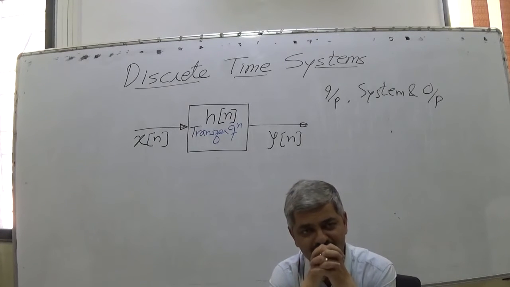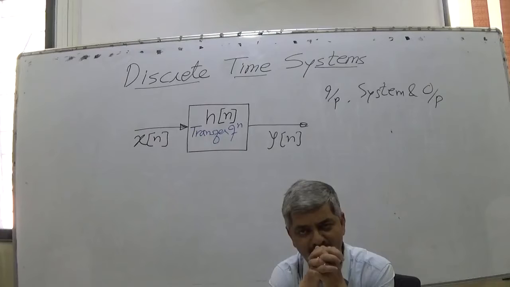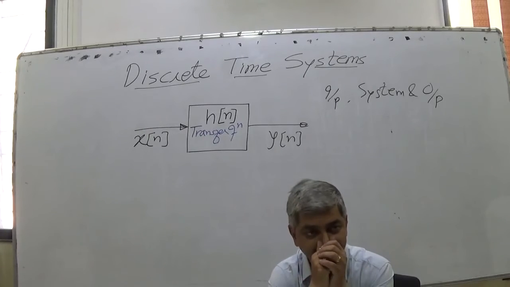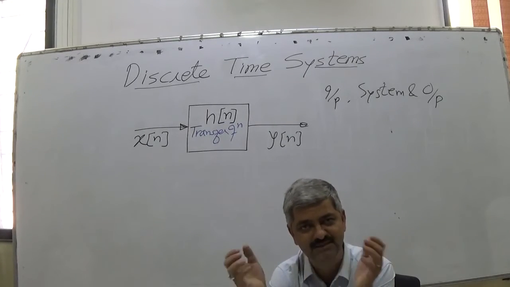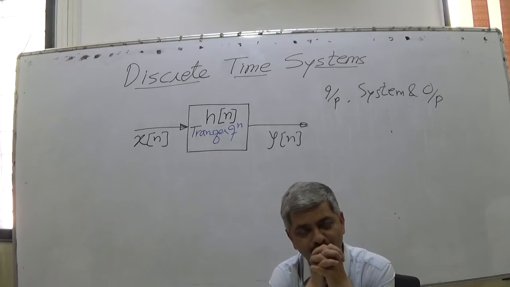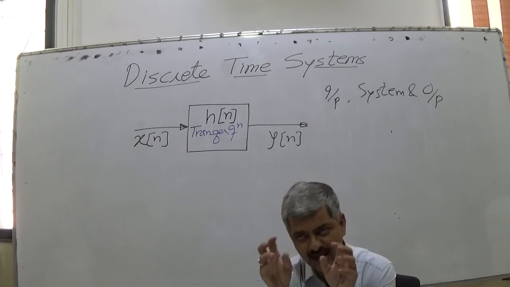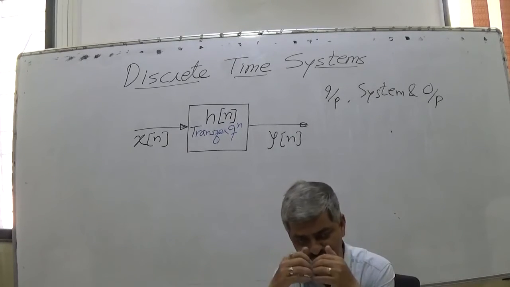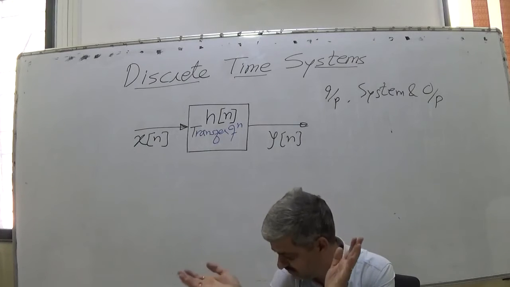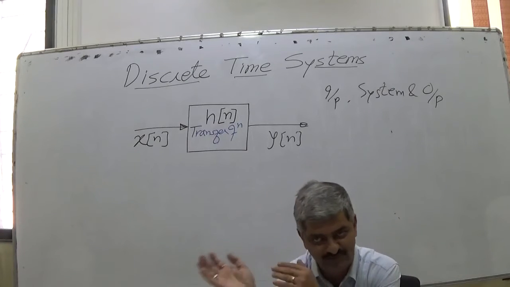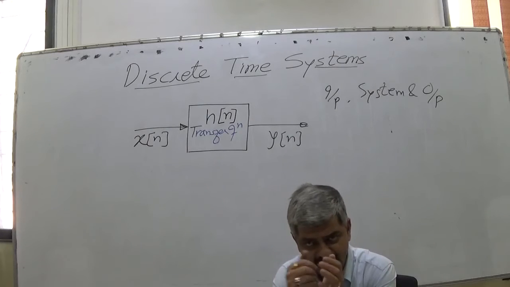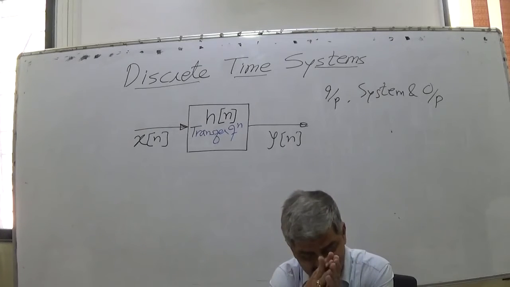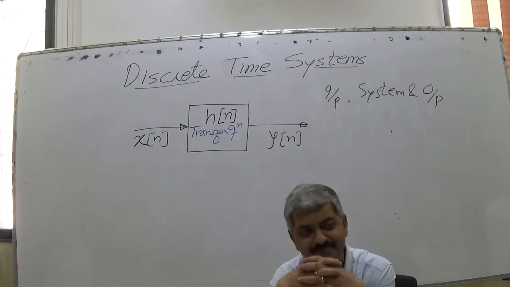In good quality music systems, in a normal music system you have controls for bass and treble, so low frequency and high frequency contents are suitably modified. I will deal with that concept separately when the concept of frequency response comes, but let us assume that you already know these things, at least at a pseudo level.